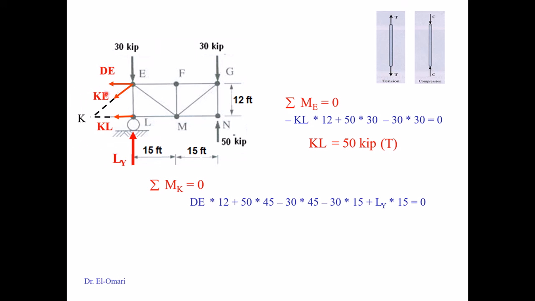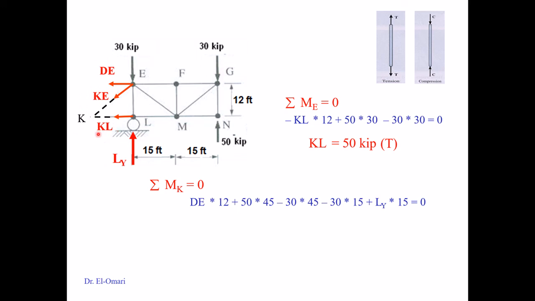Positive is counterclockwise, so we have dE multiplied by, extend a line of action, drop a perpendicular. The perpendicular distance is that 12, and then you have the 50 times the 45, that's the moment arm, so it is from point K and rotating positive.